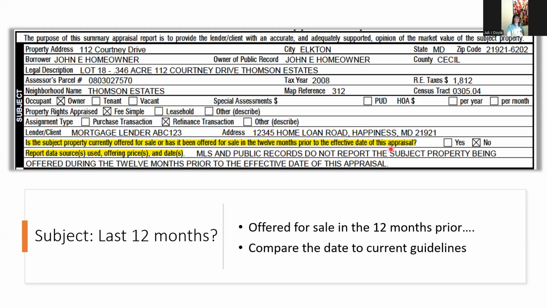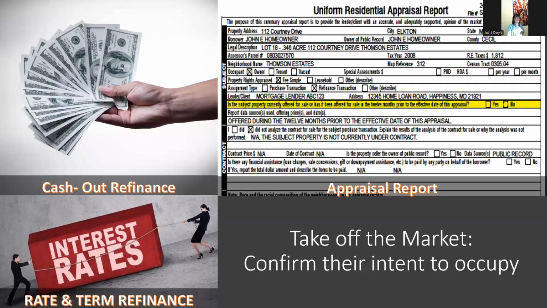Why is that important? One of the main reasons is because if it is a refinance or a cash out refinance, you're going to have to take it off the market. No lender, and definitely not Fannie or Freddie, are going to purchase or finance a house that is currently listed for sale.